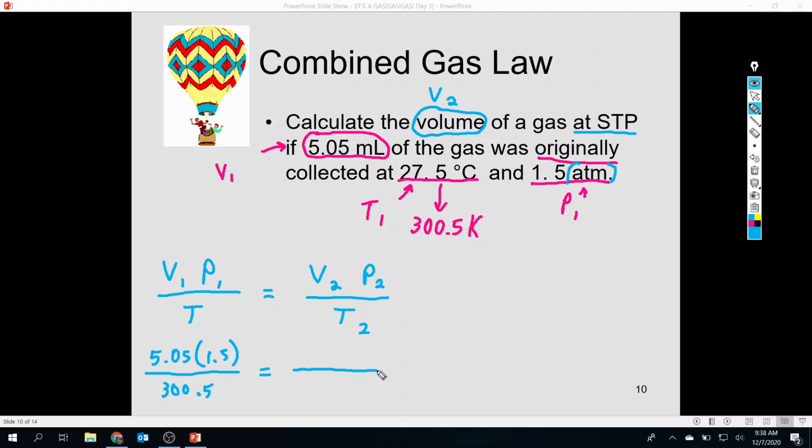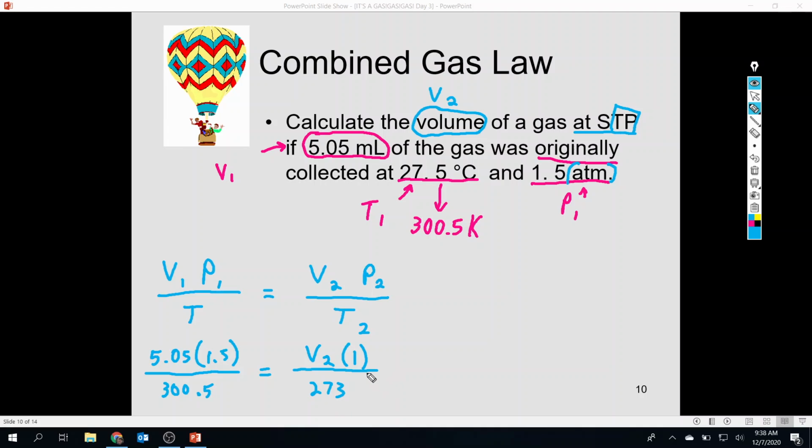Now that's going to be equal to V2, since I don't know that one, that is going to be the unknown, and so we will leave it as a letter. And then STP, remember that we just talked about that STP, the standard pressure, is 1 atmosphere, and the standard temperature is 0 Celsius, which is 273 Kelvin.